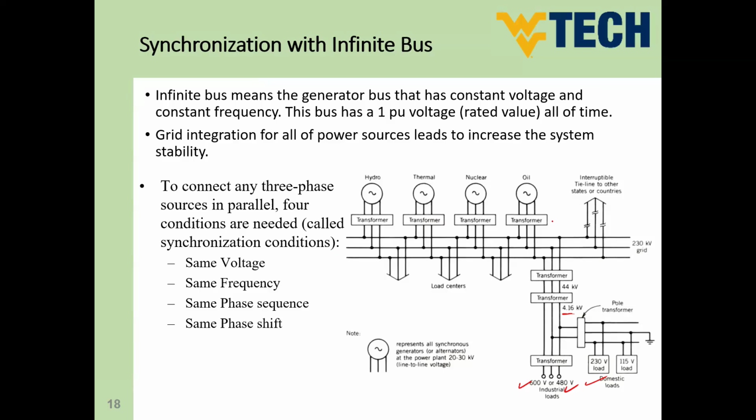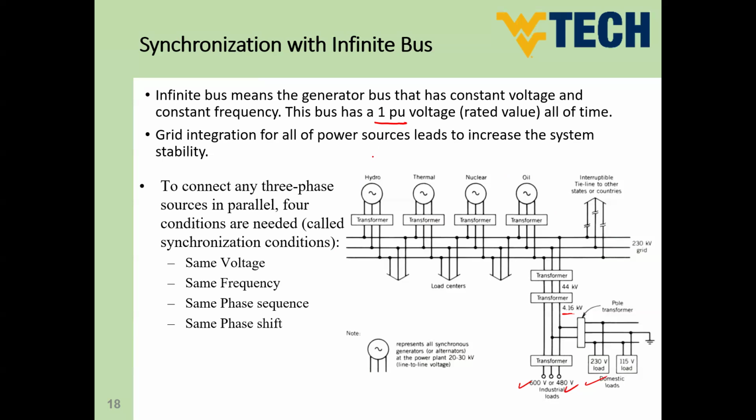Okay. So the bus bar or the infinite bus would have all of the time a 1 per unit value of volt, and frequency is our grid frequency, which is 60 hertz.